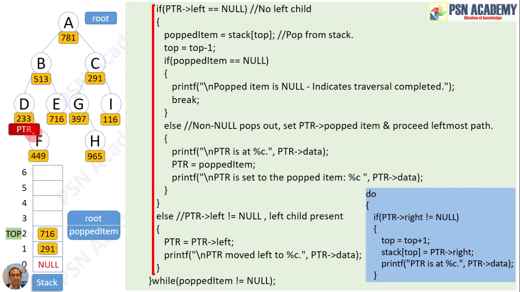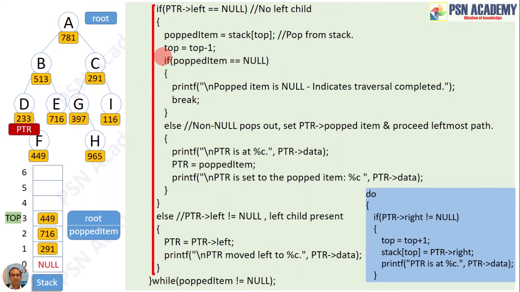You print the data and you check by this if block whether right child is there or not. Yes, there is a right child. So increment top by 1. So top now goes to 3 and stack top equal to PTR right. So PTR right is 449. So 449 will be stored over here. Now we check whether PTR is having a left child or not. You can see that the PTR left is null.